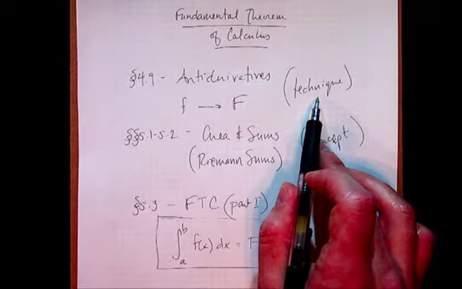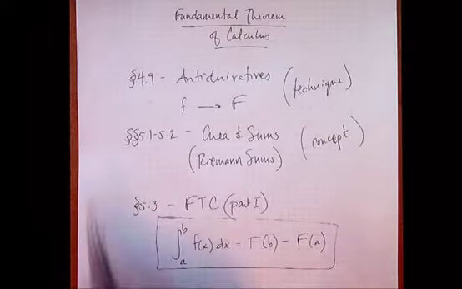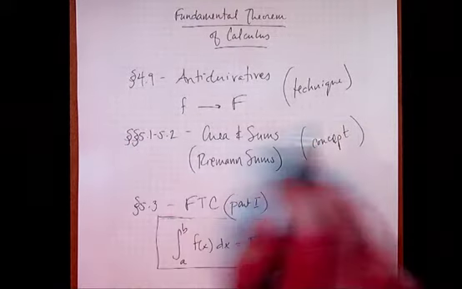We were just trying to get our brains used to going in the opposite direction, right? Instead of x cubed becoming 3x squared, 3x squared becomes x cubed. So we went through some practice problems in 4.9 simply to get us in the habit of being able to go in that other direction.